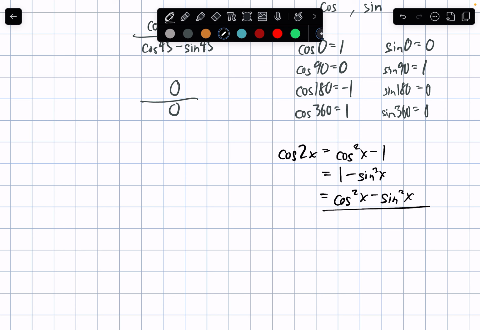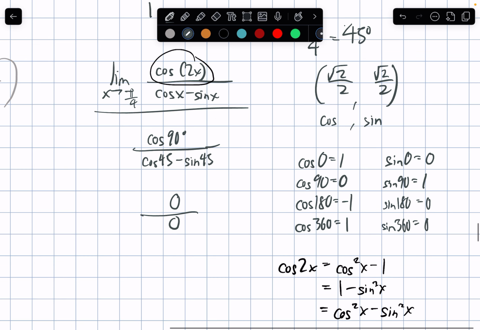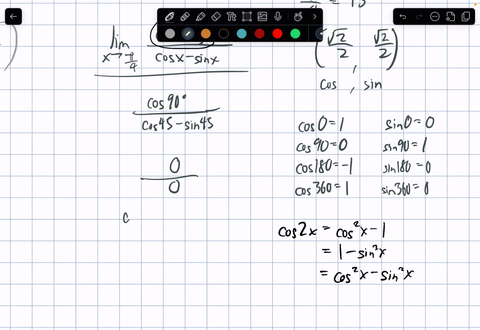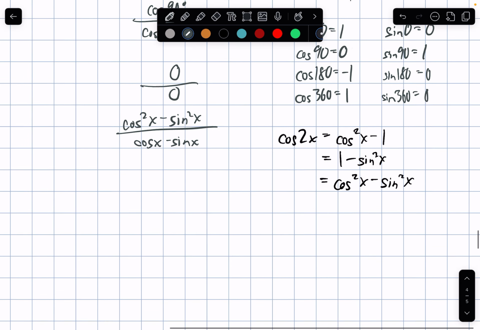I can verify this is correct. So let's use that. So cosine 2x in the numerator is going to be written as that. And below, we have cosine x minus sine x.